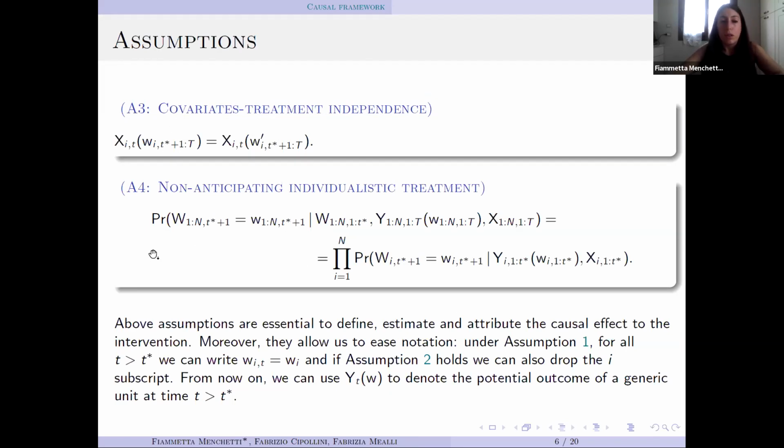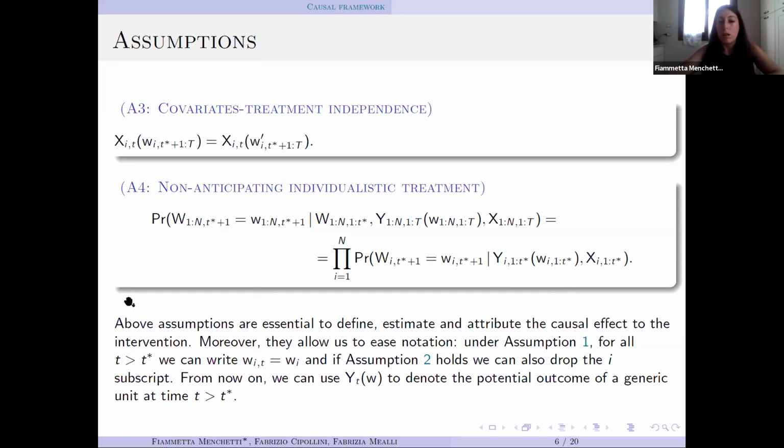And then the last assumption is the non-anticipating individualistic treatment assumption, stating that the probability of every unit getting the treatment is individualistic, so it doesn't depend on whether the other units are assigned to treatment or not. And it's non-anticipating, so it just depends on past outcomes and past covariates.